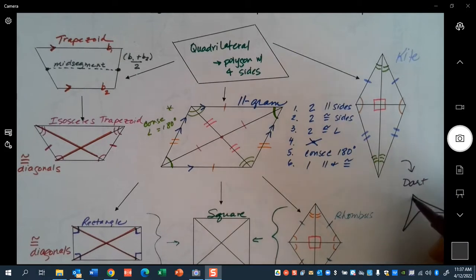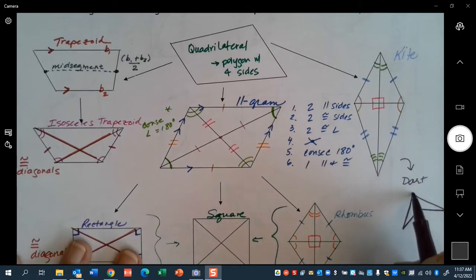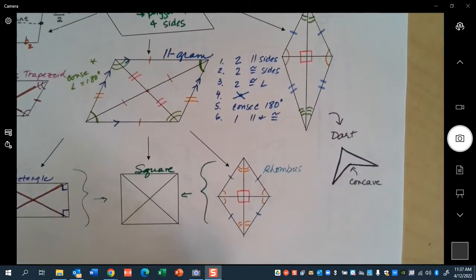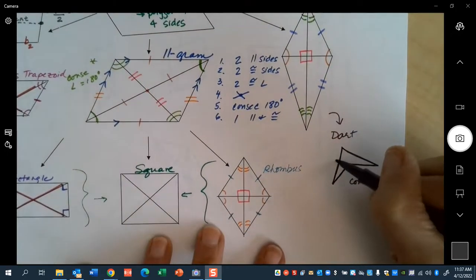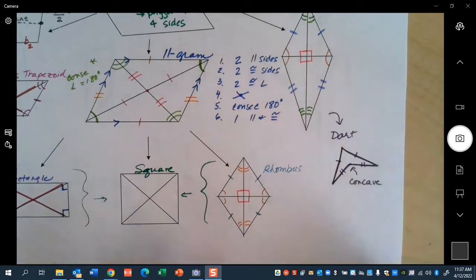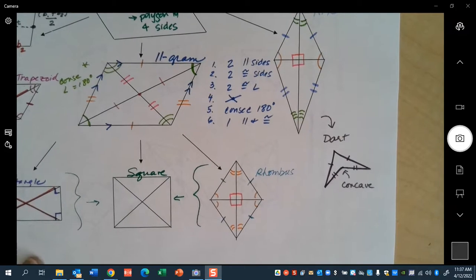So we want to include our concave shape here, which is our dart. It is a quadrilateral that's concave, where it dents in. Think about it like that. If there's a case where your dart has consecutive congruent sides, we can call that a concave kite.